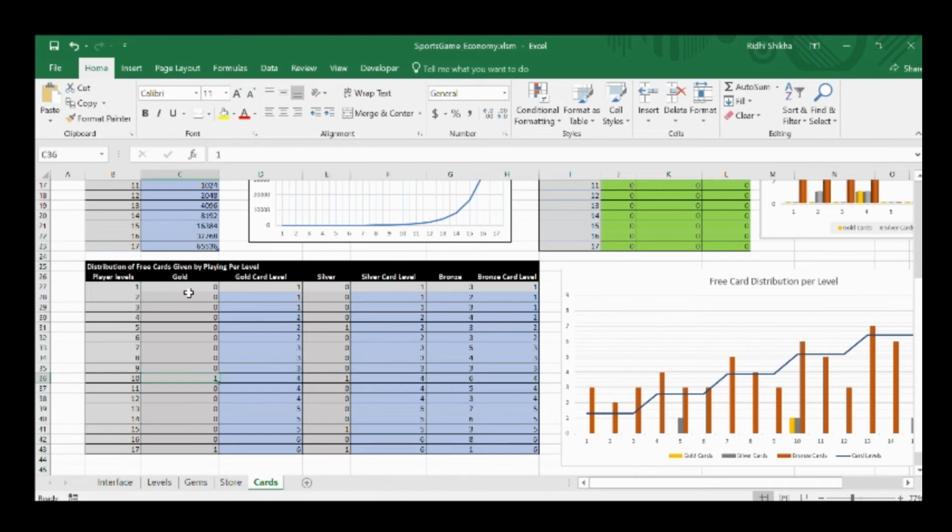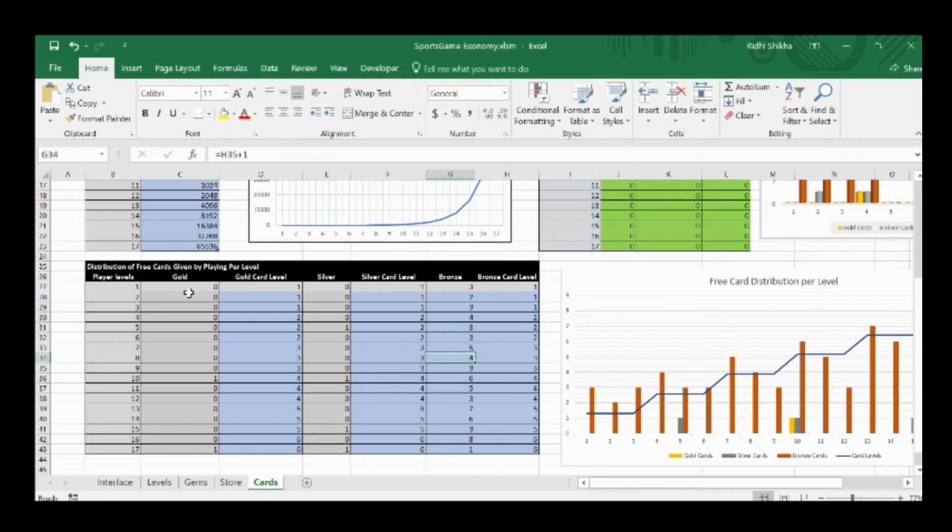At the 10th level and 17th level, we give one free gold card of particular levels, according to where the player is. Silver cards are given more frequently than gold cards, but still not as frequently as bronze cards. Bronze cards are given like 3, 2, then 3 again, as the level increases and then decreases.